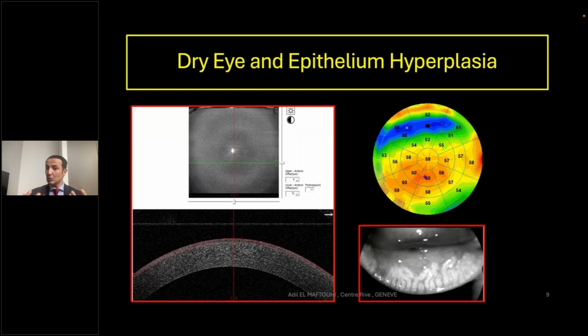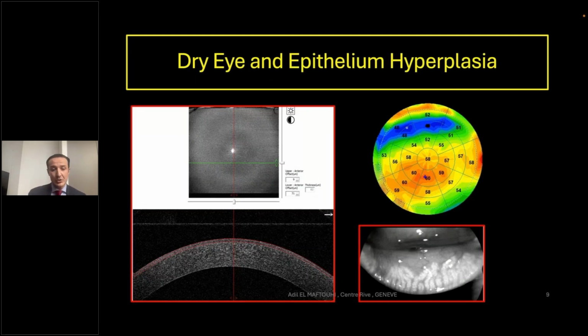We can control and measure this hyperplasia with a slab of OCT en face and confirm the presence of this hyperplasia and confirm it's not an artifact.